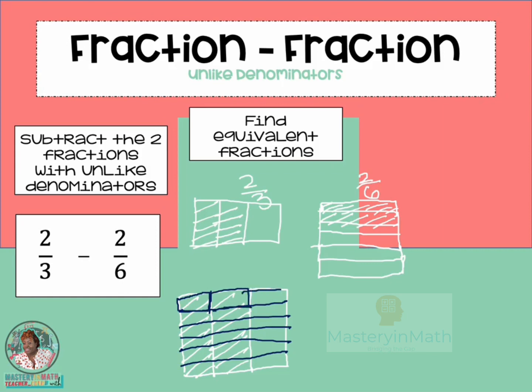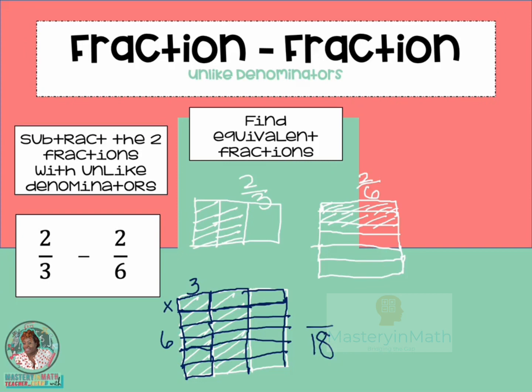So you have 3 going across, and you have 1, 2, 3, 4, 5, 6 going down. And we know that we can find our answer by doing array. Multiply your 3 times your 6, and that's going to give you 18.